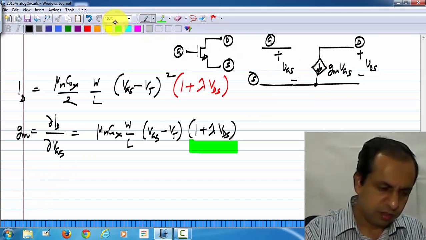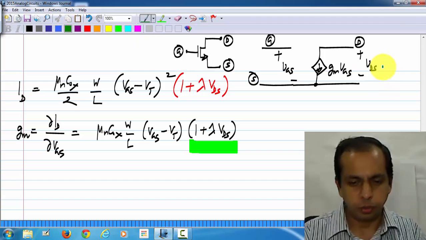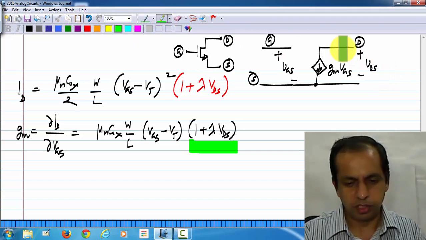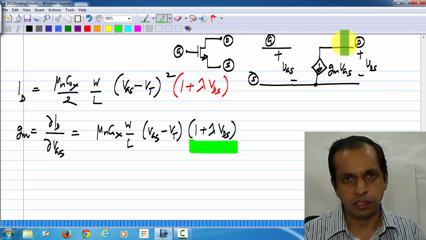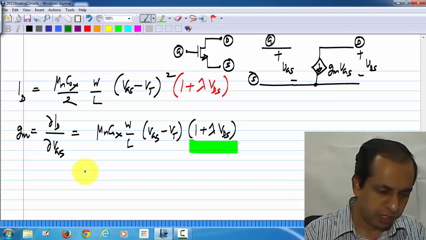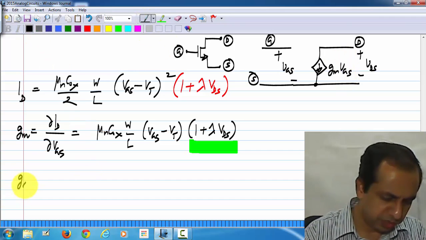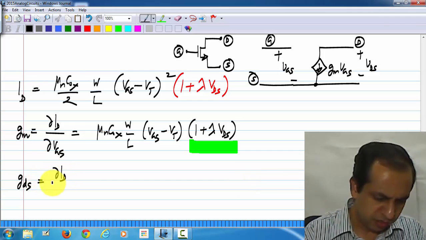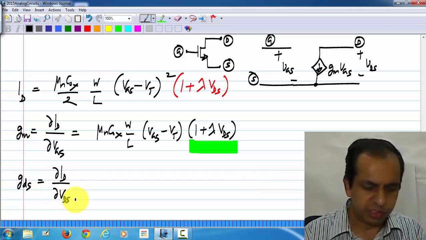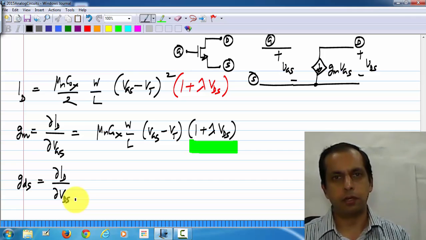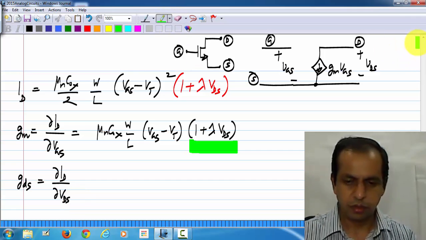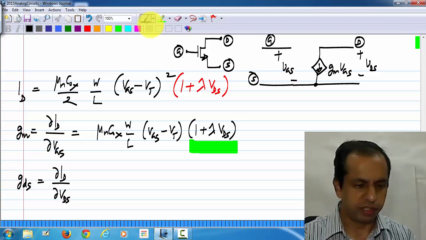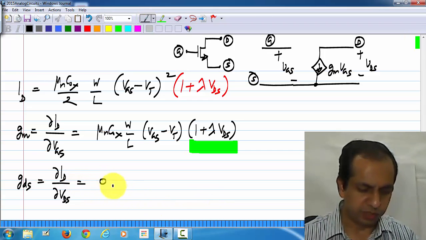earlier the conductance that we call Y22, that is the conductance that appears across the terminals of port 2, in case of a MOS transistor, we know that it is called GDS, the drain to source conductance. The partial derivative of ID with respect to VDS, this we had thought was 0.